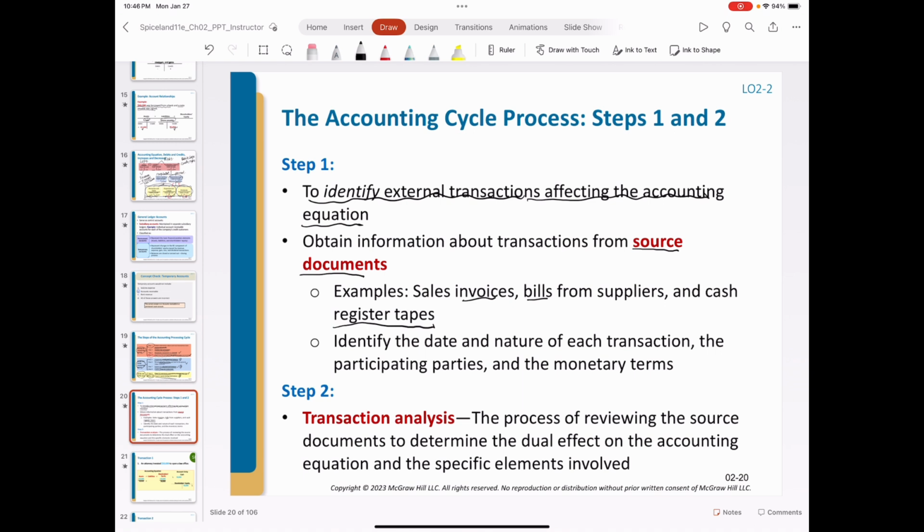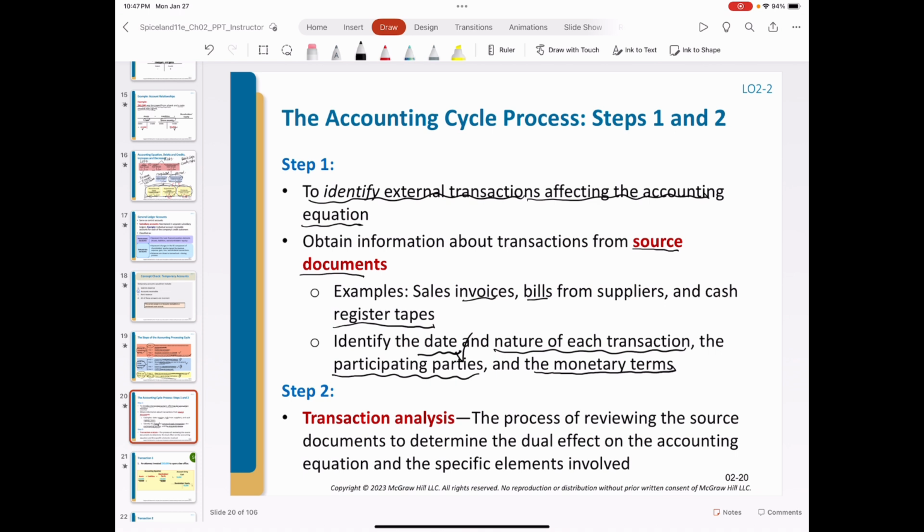We can obtain information, for example, the date of the transaction, the nature of the transaction, is this a sale or a purchase, the participating parties, and also, very important, the monetary terms or the amount. Don't worry about this step. You will be given the transaction or event description, straightforward and easily understood.